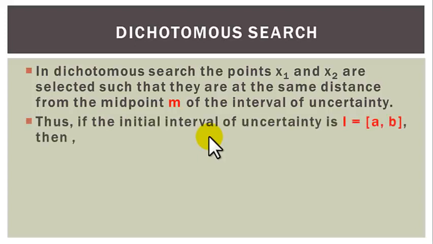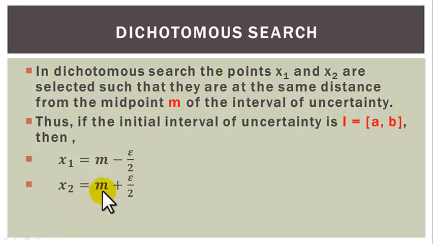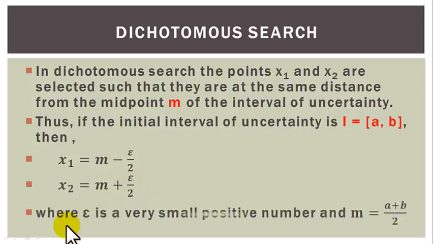Thus, if the initial interval of uncertainty is the interval AB, then the point x1 is chosen to be M minus epsilon all over 2, and x2 is M plus epsilon all over 2, where epsilon is a very small positive number arbitrarily chosen, and M, as the midpoint of the interval, is (A plus B) divided by 2.